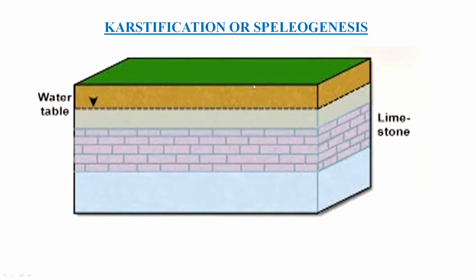So, now if I look at a cross-sectional view of how these processes are going on, if I start with this diagram, you can see there is a top layer of soil underlain by a layer of limestone, and the groundwater table is situated at this stage just above or at the margin between the limestone horizon and the topsoil.